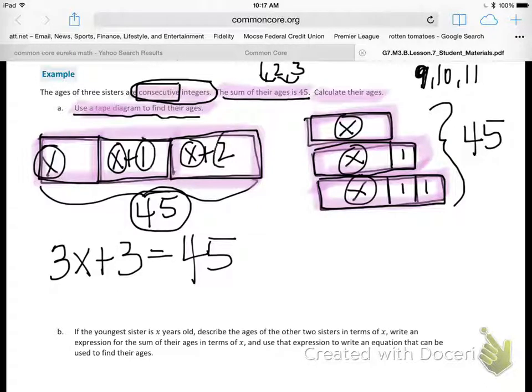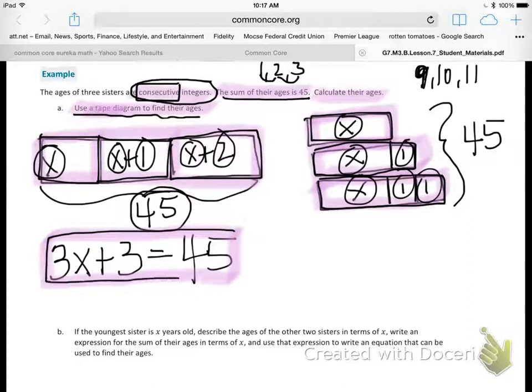We have 1 plus 2 is 3, or 1 plus 1 plus 1 is also 3, and all of those equal 45. So we can set up our equation to look just like that, and then solve for x, and when we do, we will know the youngest sister's age.